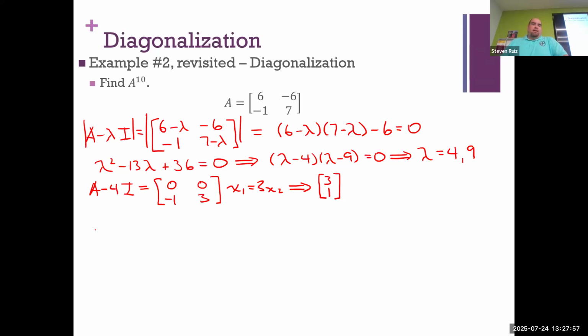All right, so let's look at A minus 9I. Negative 3, negative 6, negative 1, negative 2. Are these rows multiples of each other?